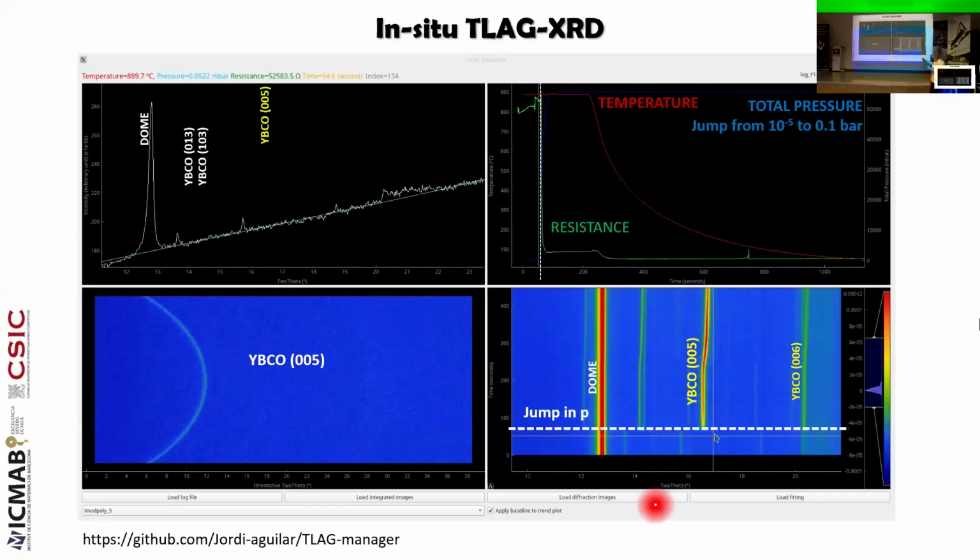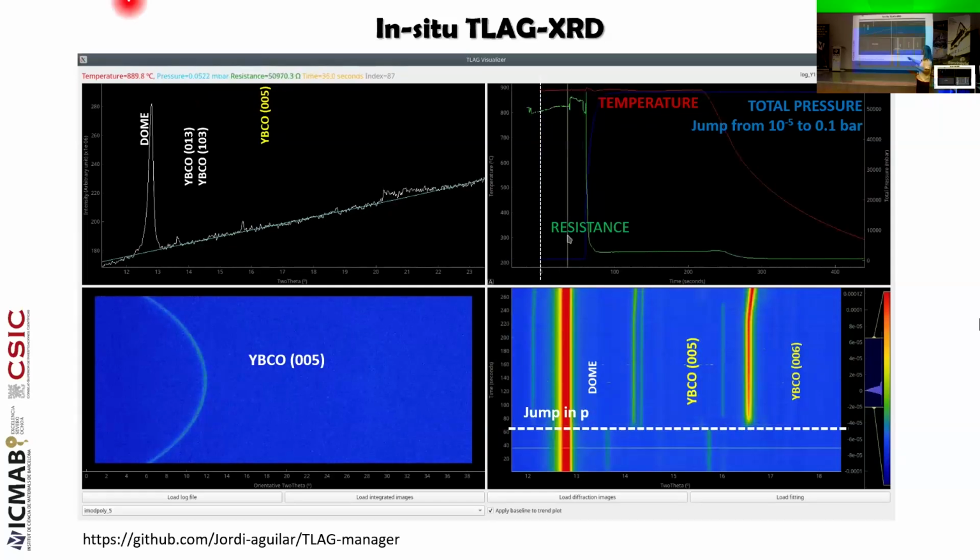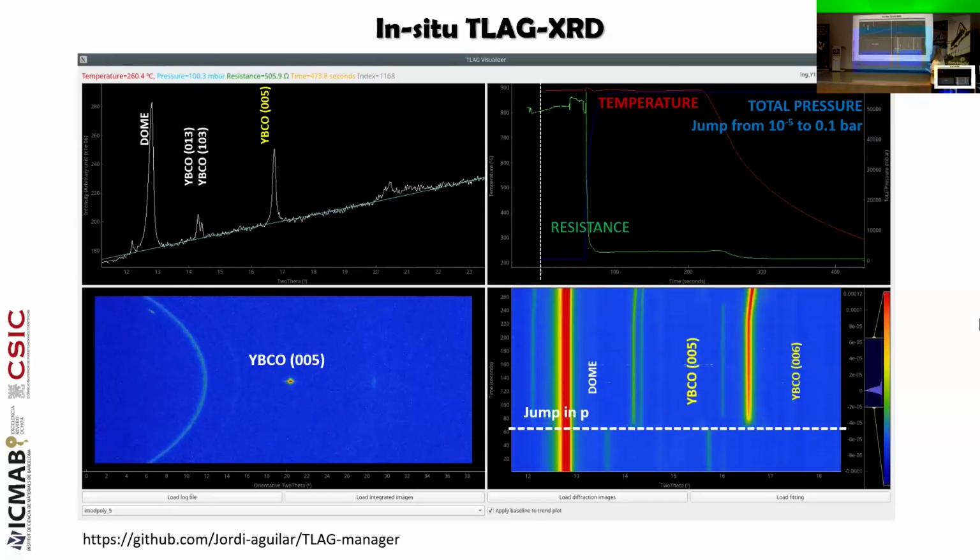I have luckily marked the moment of the pressure jump, where you can see the growth is immediately initiated, and we can see the 005 reflection of YBCO appearing immediately after the jump. There is also a little bit of the secondary phases of the randomly oriented YBCO.